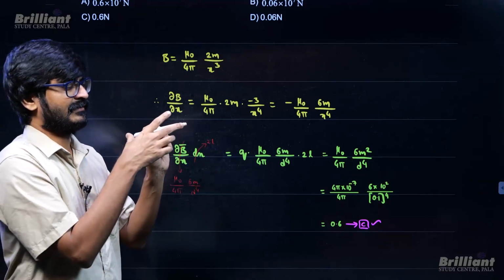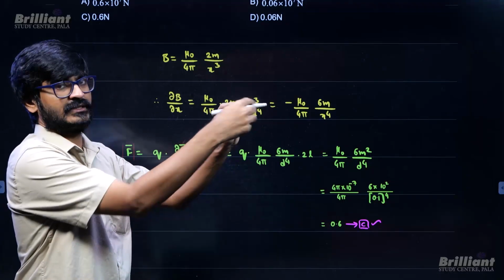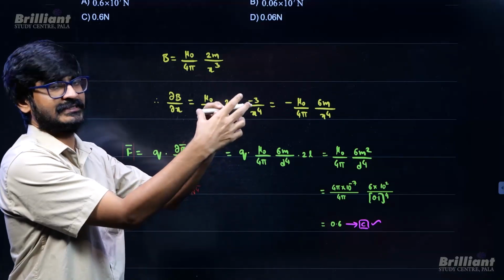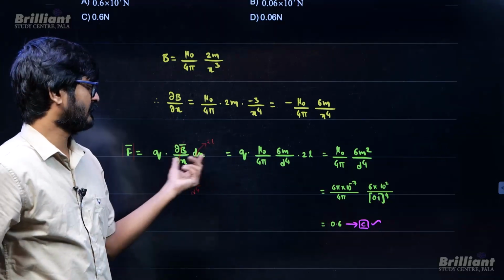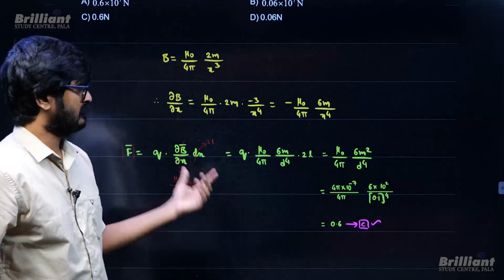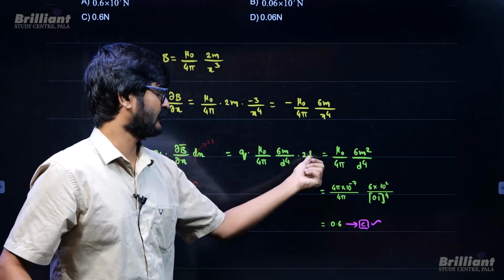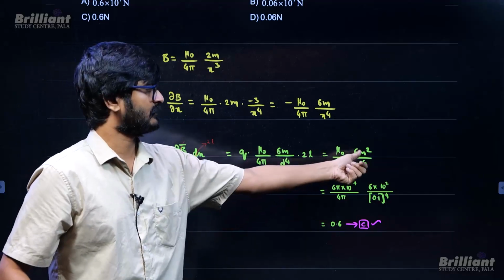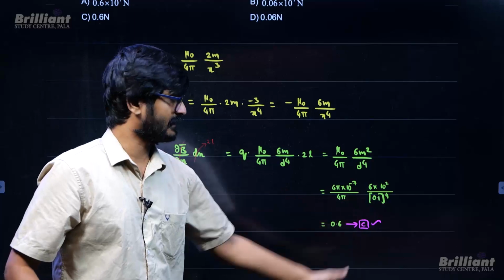It is the variation for that secondary dipole. Secondary dipole is there, right? So you need to find the variation of B between these 2 points, that is this length, dx, which is 2l. When you substitute this value, and both dipoles are equal, q into 2l is again m, q into 2l is again m. So when you substitute it, you will get this thing, and these values were given in the question, we just substitute and get the answer.